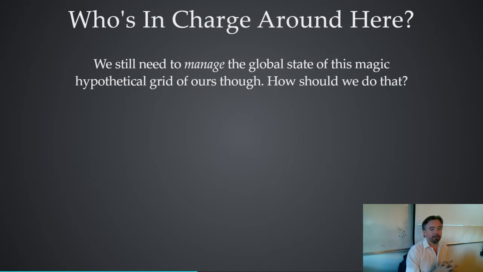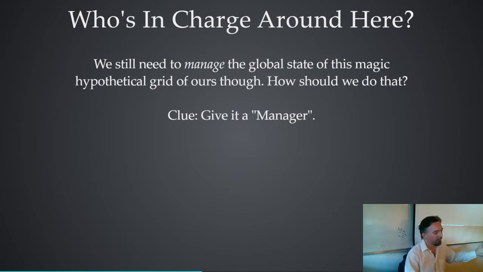So having done all that, we've come up with this idea that if we had a grid, it would be good. It would let us get a much reduced collision complexity, but we still have to do it. And often the solution in games is you create a manager object that is in charge of this. We created the entity manager to deal with the hassle of creating and updating and rendering all the things.